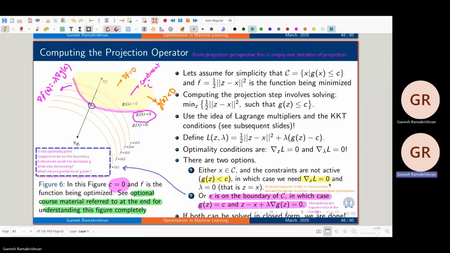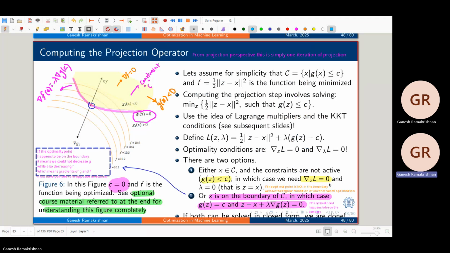Case one is x star is on the boundary of the constraint; that is, in this case, g1(x star) is equal to 0.